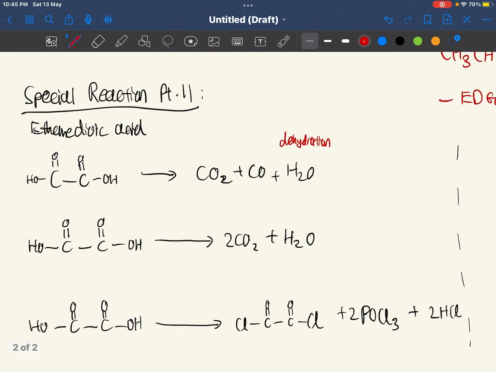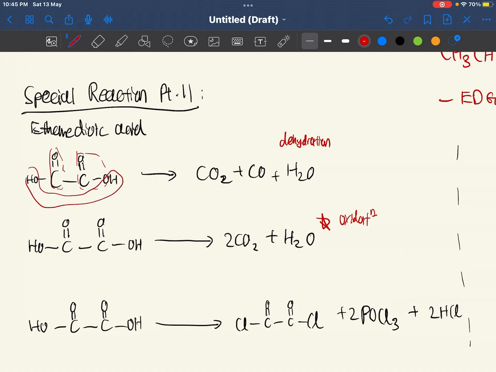So similarly for ethanedioic acid, it will be our strong oxidation as well. But it's good to know the other reactions as well. So for ethanedioic acid, when it undergoes dehydration reaction, this is the compound that it will form. It will form carbon monoxide gas, then CO2 gas, and a water molecule.